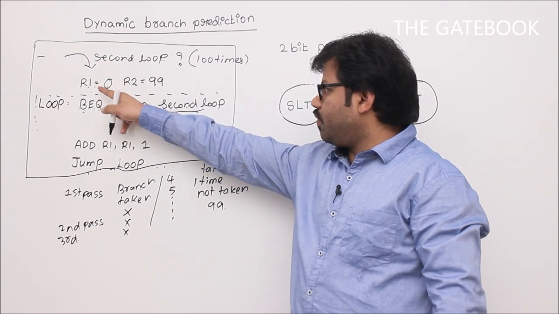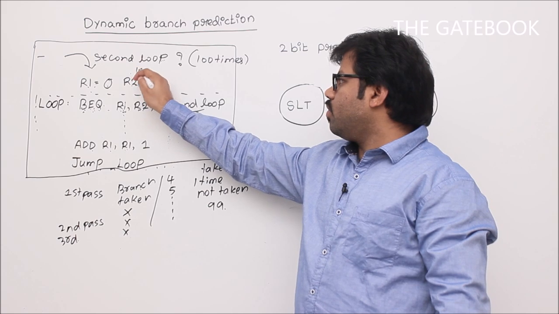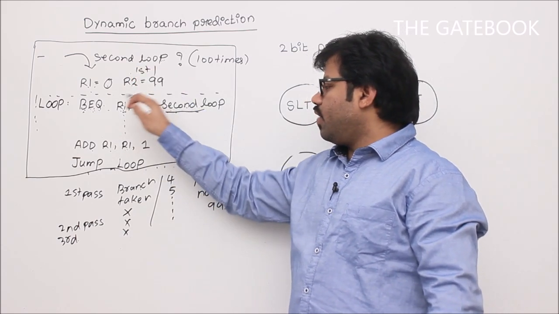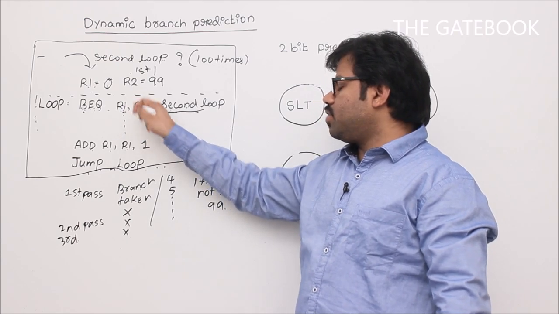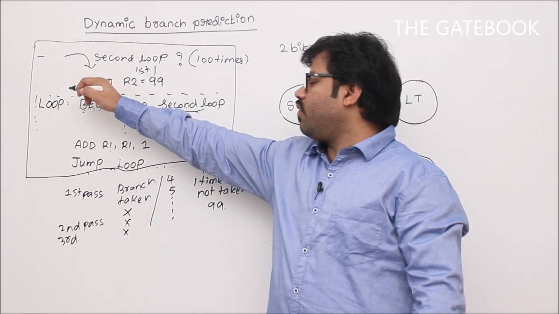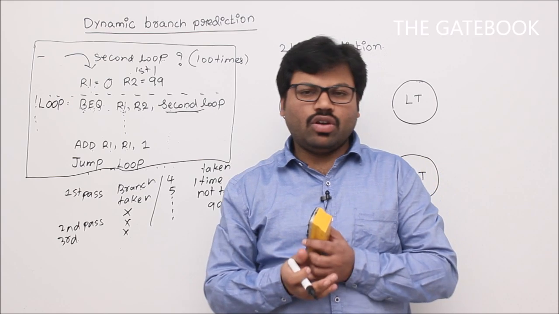First we start here with R1 0, R2 99. That is the first iteration of the second loop. Then we come here and run 100 times. 99 times the condition is false, one time the condition is true. We will go to the second loop again. Then again we will make R1 equal to 0, R2 equal to 99. We repeat it. That is the looping here.